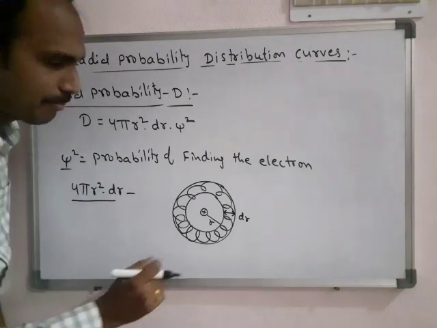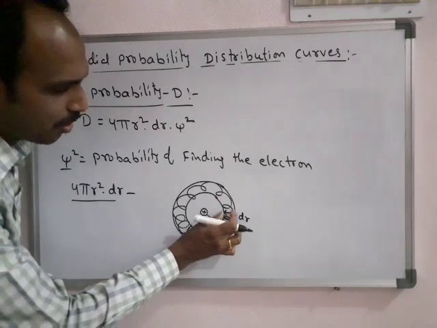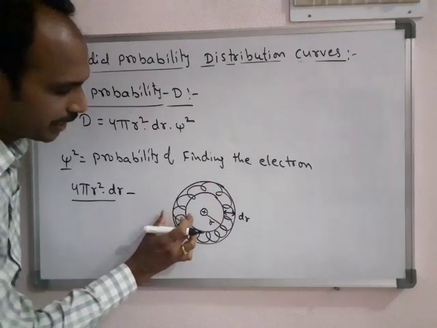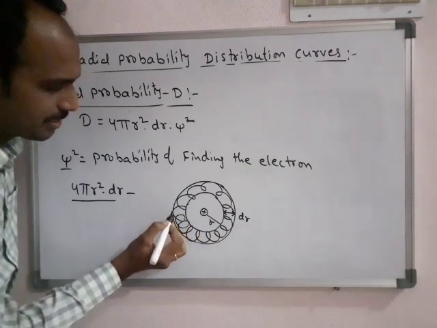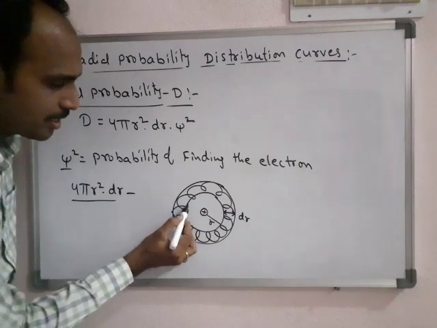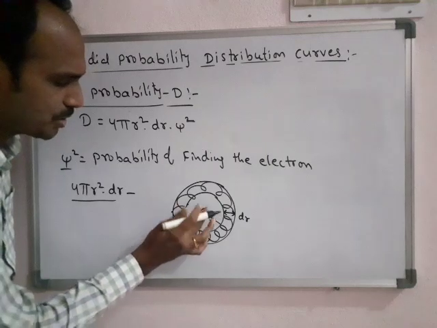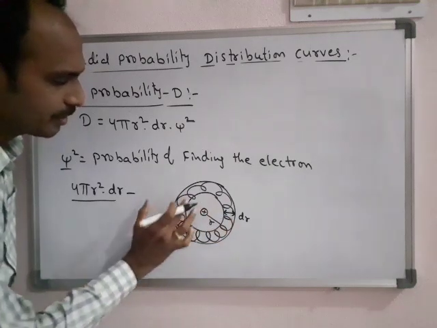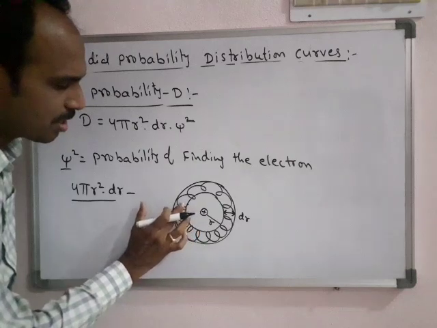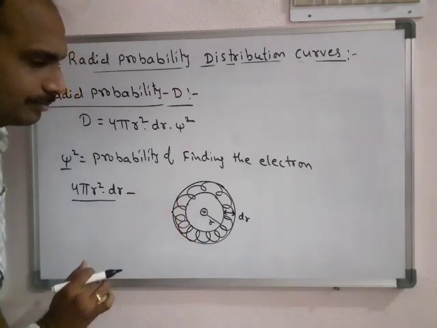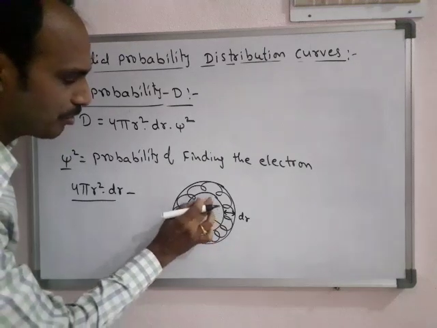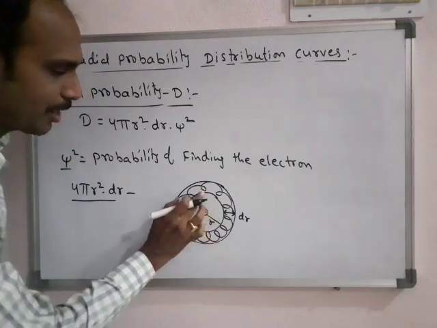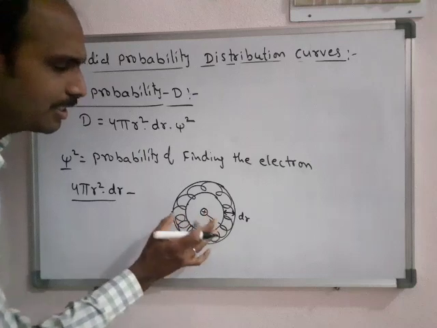For example, if you want to get this small area between two circles, the inside small circle and the big circle, how do we calculate it? At first we calculate the volume of the inner sphere, nothing but the volume of the small circle, which is generally a sphere.